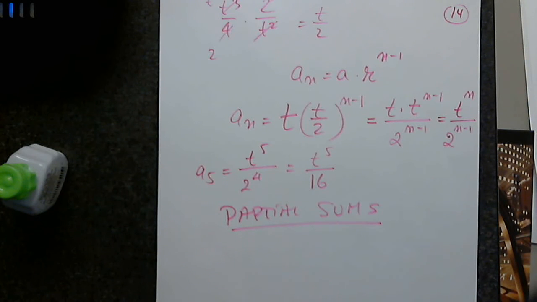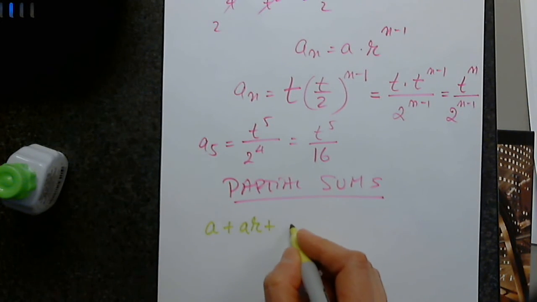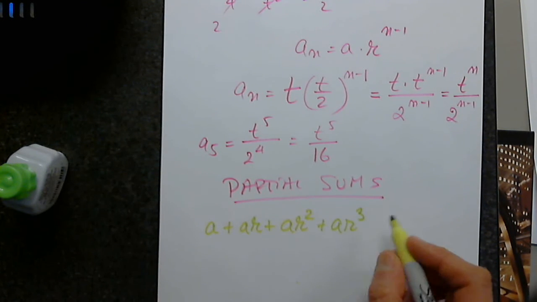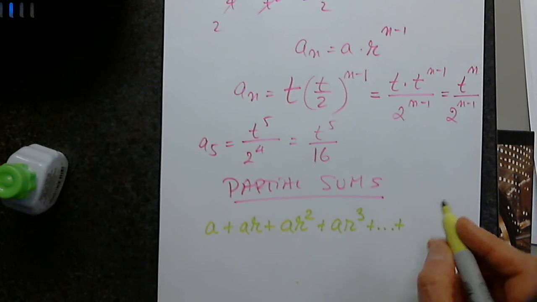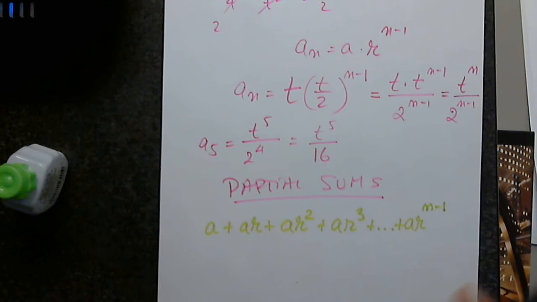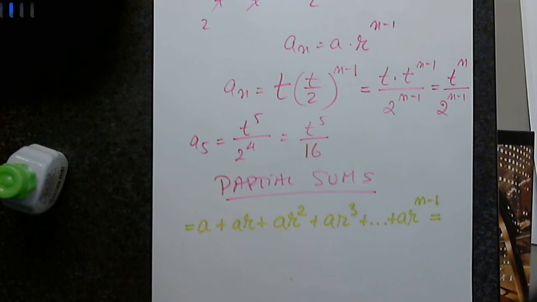Okay. So a plus ar plus ar squared plus ar to the third plus dot dot dot plus ar to the n minus 1, a1, a2, a3, a4, an will be denoted, or will equal to what?